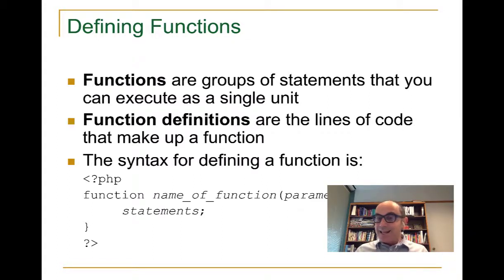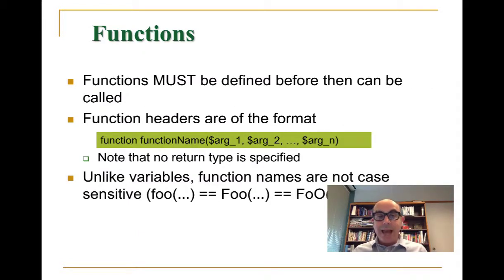The syntax of defining a function is the function keyword, the function name, the function parameters, and the statements. That's how we will run the functions. And unlike variables, function names are not case sensitive.